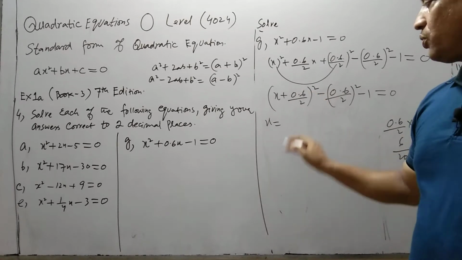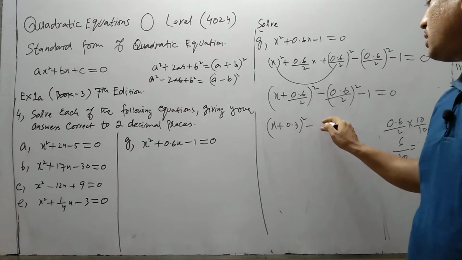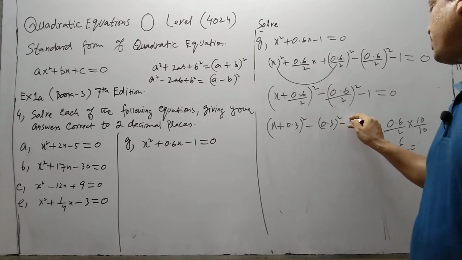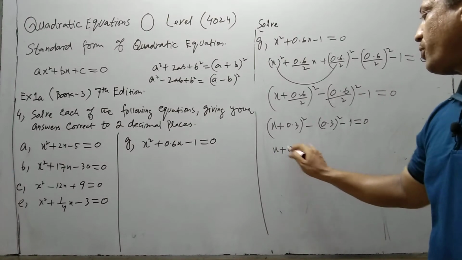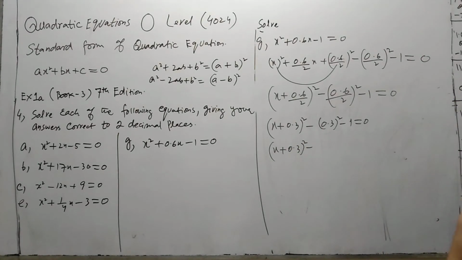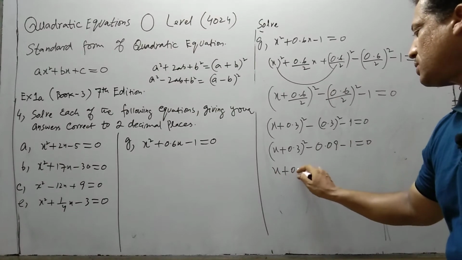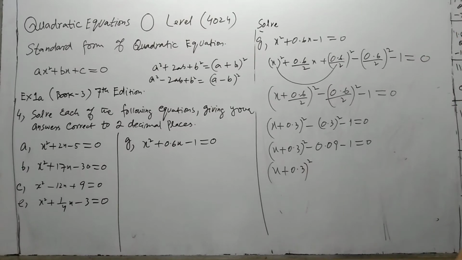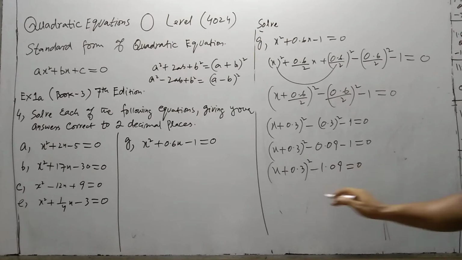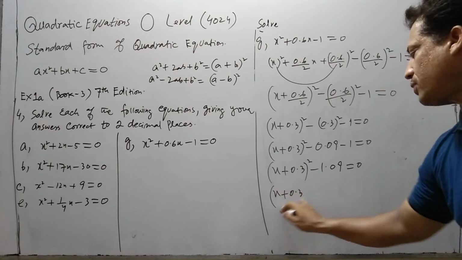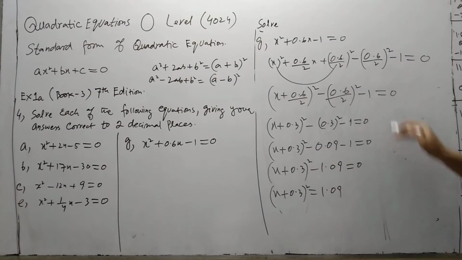So 0.6 upon 2 is 0.3. (x + 0.3)² − 0.3² − 1 = 0. What is 0.3 squared? 0.09. (x + 0.3)² − 0.09 − 1 = 0, so −1.09 = 0. So (x + 0.3)² = 1.09. Move this minus sign to this side.